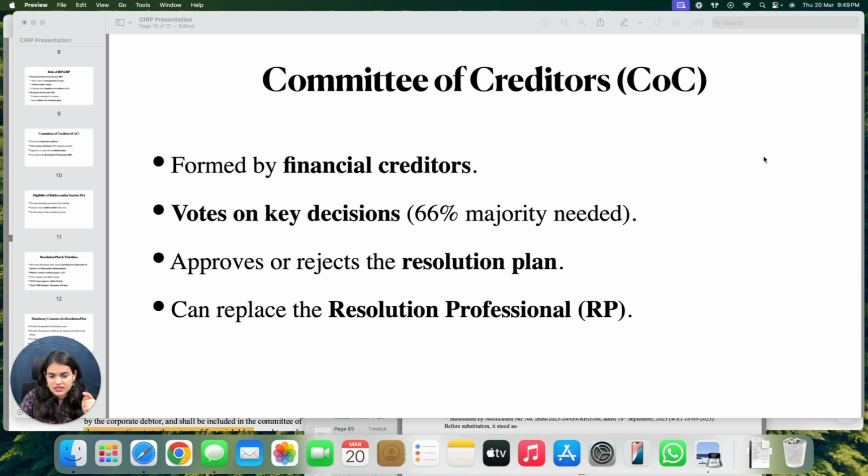Again, a 66% voting majority is required for even replacement of the resolution professional, and they must also suggest the insolvency professional who is to replace the resolution professional, and such insolvency professional must meet all of the criteria of a resolution professional. He should submit his consent form. He should not be a related party. He should not have any disciplinary proceedings pending against him, and such appointment may take place.